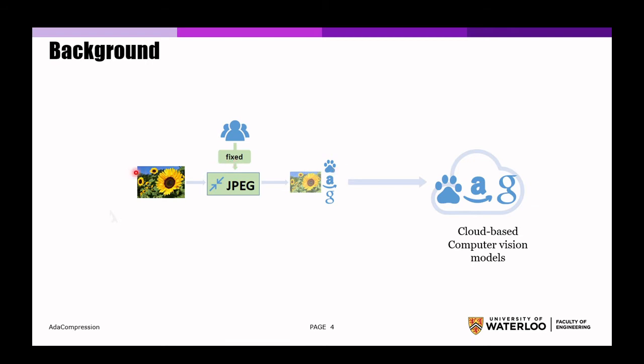Then it is uploaded to the cloud-based computer vision model. These models act as a black box to the end users, and they receive a distorted image from the lossy codec. This compression will not be sufficient for deep computer vision models in performance, as it is only optimized for human vision systems.